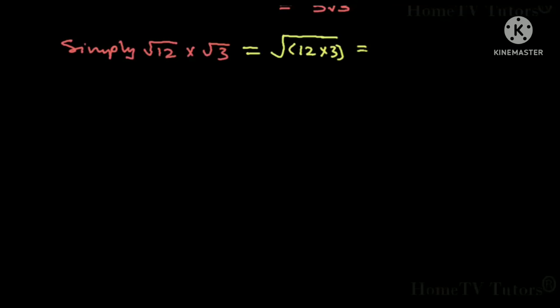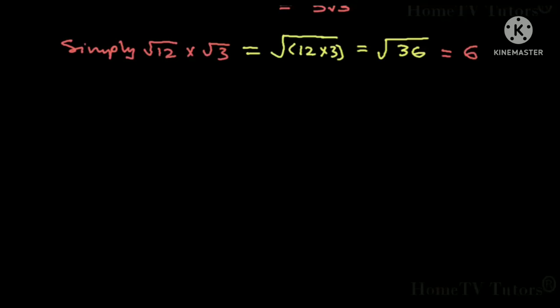Now 12 times 3 will give us 36. So we have square root 36. And 36 being a perfect square, the square root of 36 will give us 6.